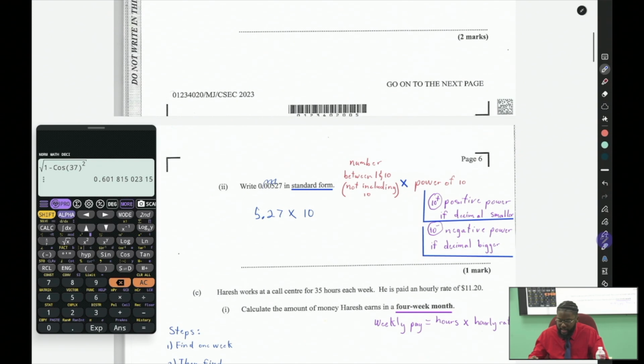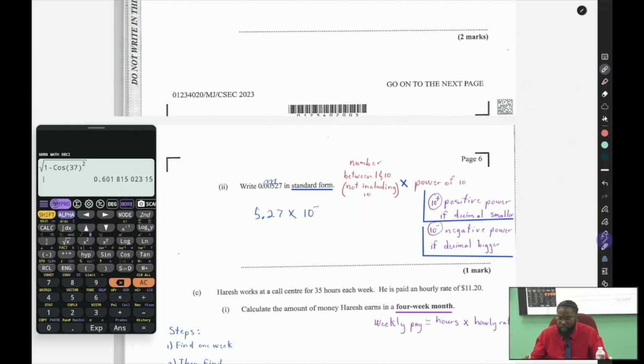So now we need to decide whether this 10 is going to be of positive power or negative power. So our original decimal is smaller than what we have now. So that means that our 5.27 is bigger. So that means we're going to have to use a negative power.